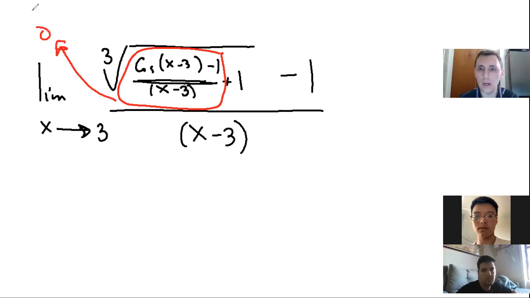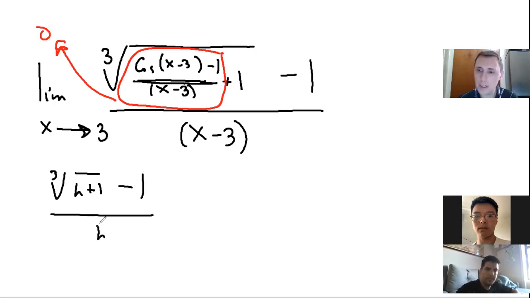So what Kirill sees is that this is like the cube root of h plus 1, minus 1, over h.